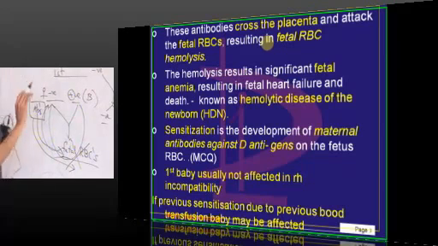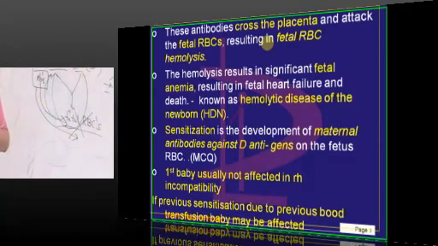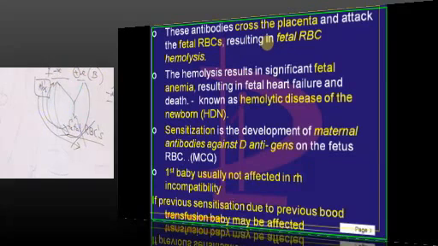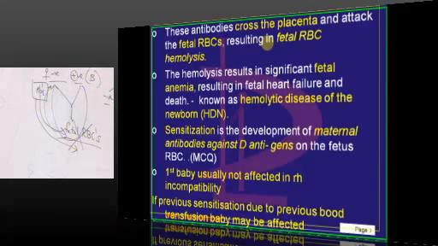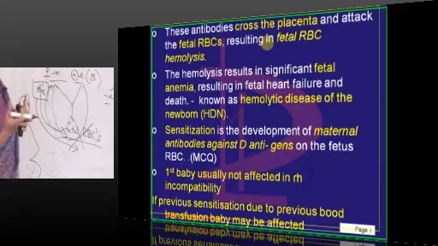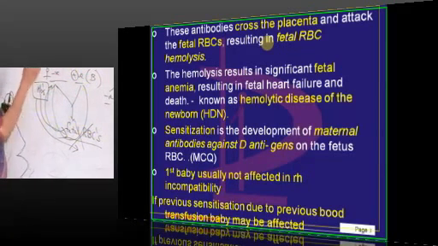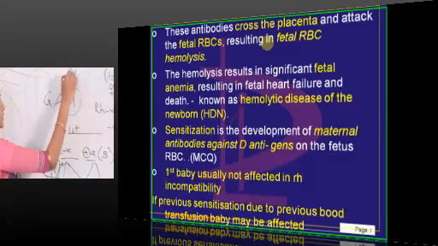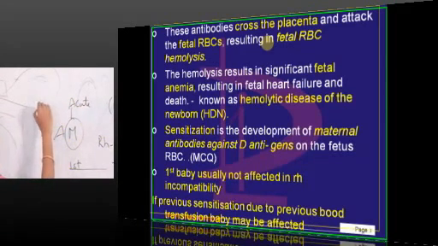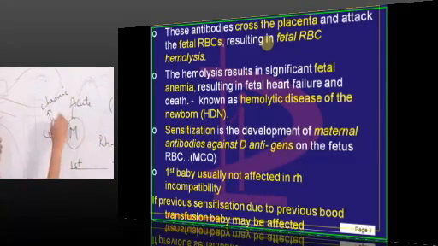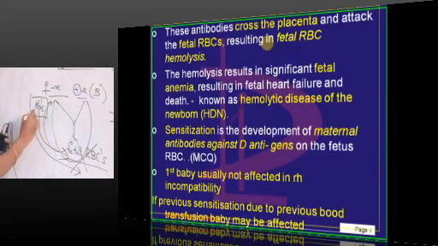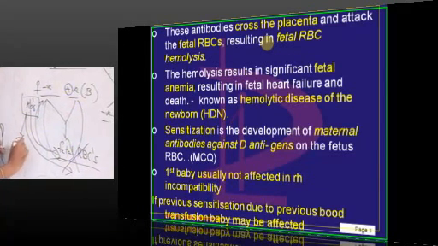But the important question is, what are the acute and chronic antibodies? How many immunoglobulins are there? IgM is acute, and IgG is chronic. Once the fetal RBCs enter the mother for the first time, she is going to secrete IgM.